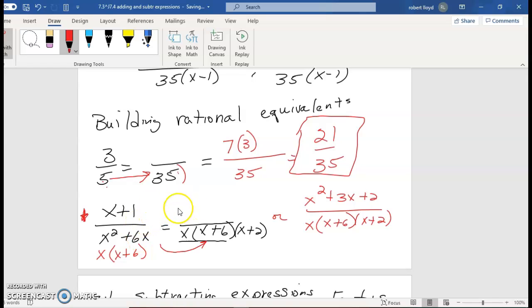So that means we have to multiply the numerator by the same x plus 2. And in both of these, you can see if you reduce the equivalent fraction, that means these would just cancel, and you would be right back where you started. Same way here, if you put 7 into 21, it'd be 3, 7 into 35 would be 5. So I'm going to stop here.